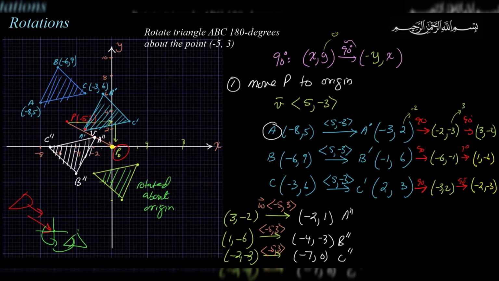So this is vector W, and we got the image back in reference to the way the question was originally written. So this is the final image after it was rotated, not about the origin, but about point P. I thought that was actually a very beautiful question.